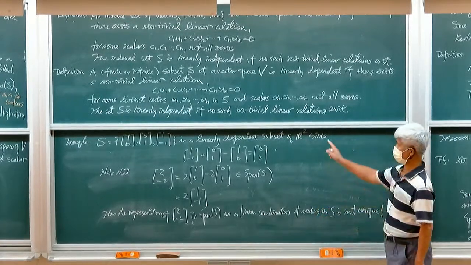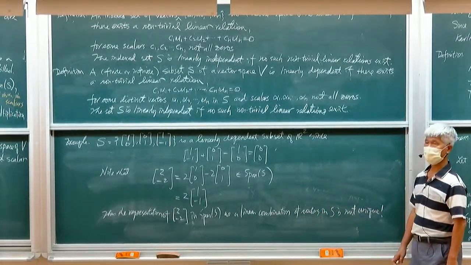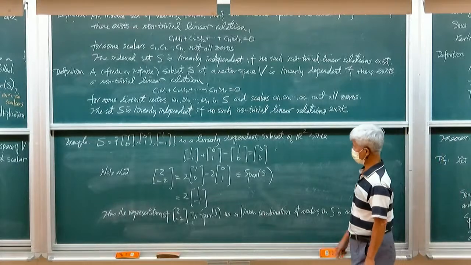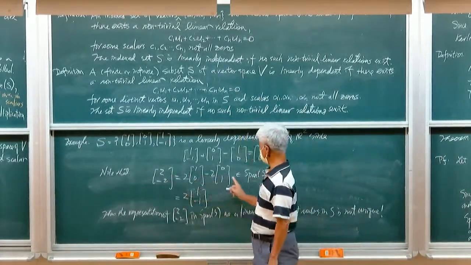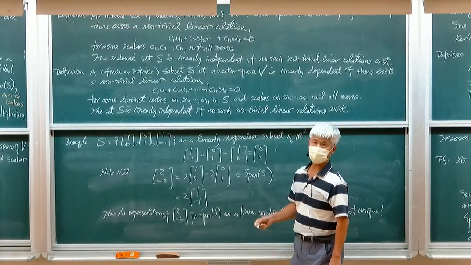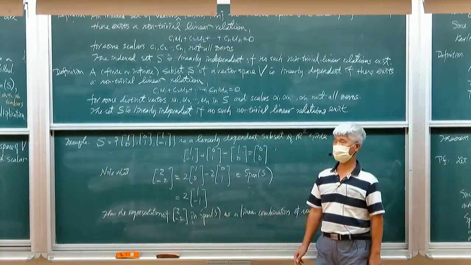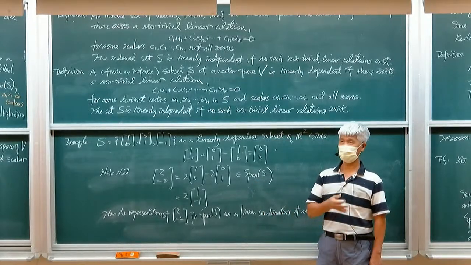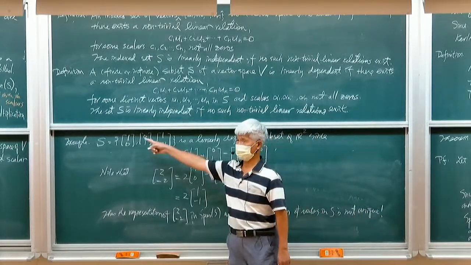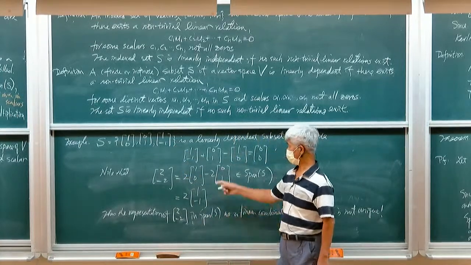You can see that this vector is in the span of X, but you can have two different representations as a linear combination of vectors in the set S.